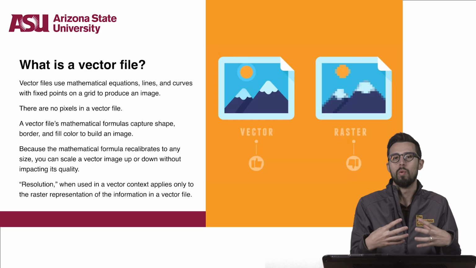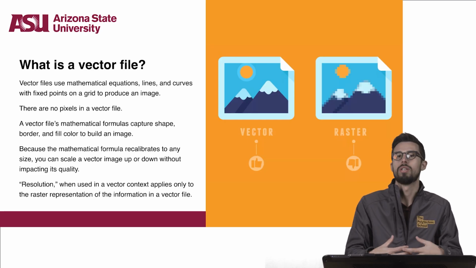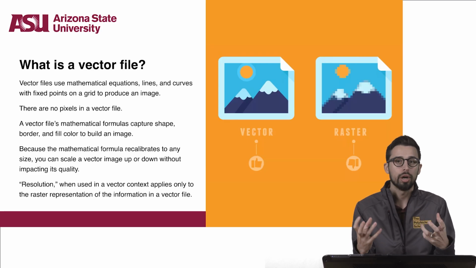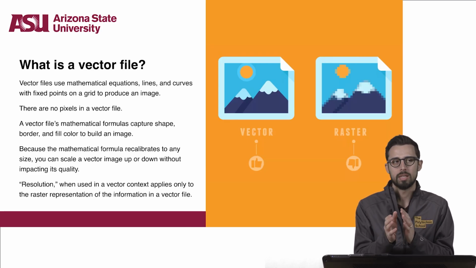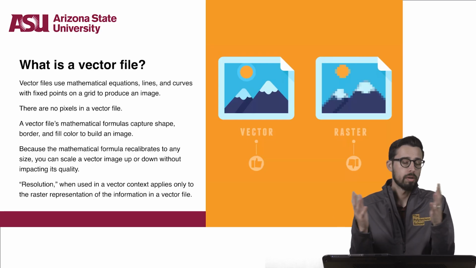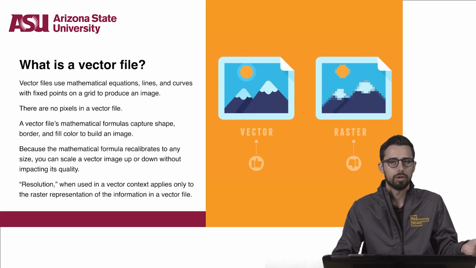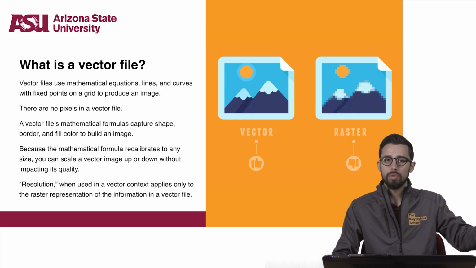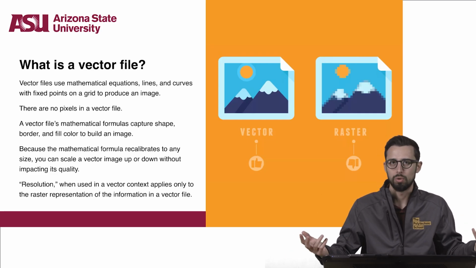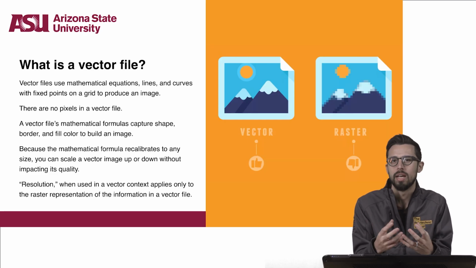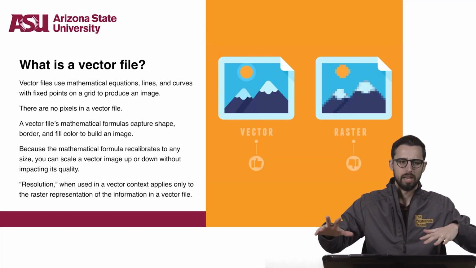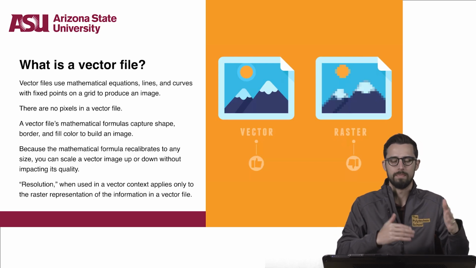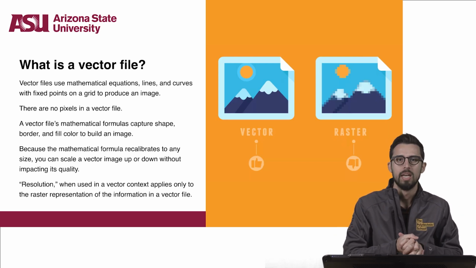They're created with numerical expressions that define shapes, lines, and curves, and it uses positions, or in other words, coordinates on a grid to define that shape. And because the grid can be any physical size, you can think about that as a grid for a street map of the city or town that you live in.